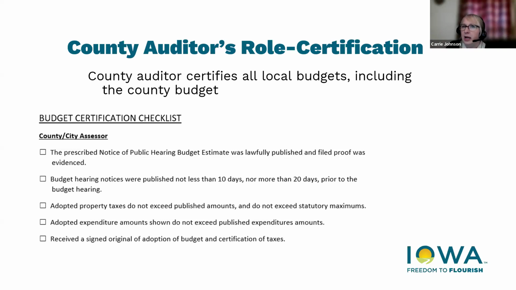So a separate set of eyes to actually certify the budget if you were the one involved in the detail of the budget process. It just gives, as I mentioned, another set of eyes and a little bit of division of responsibility there.